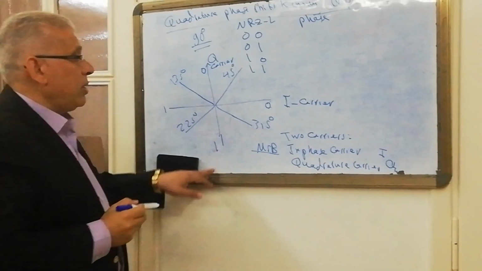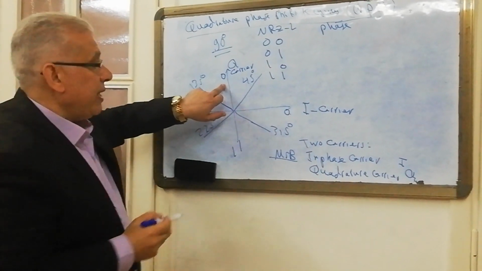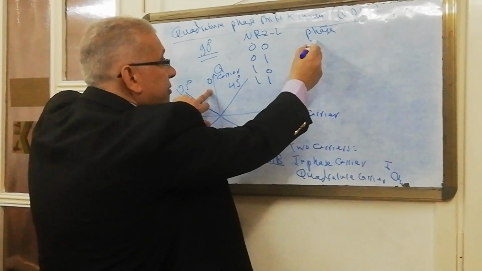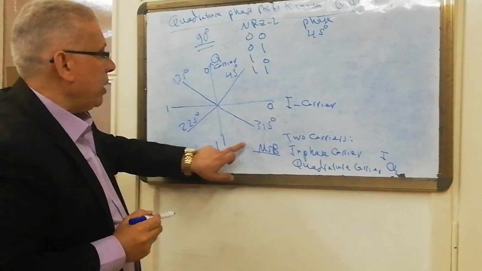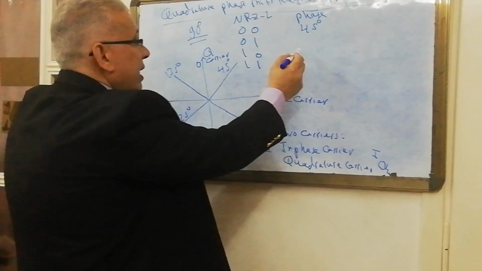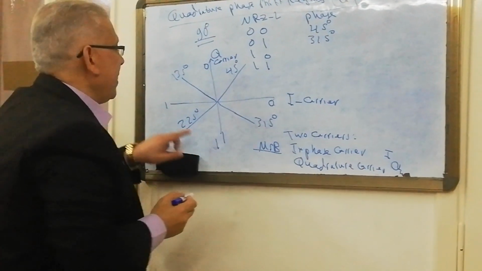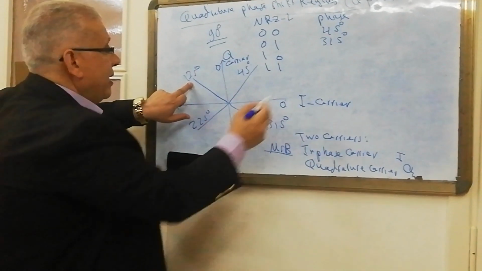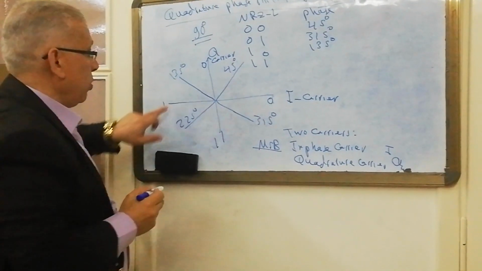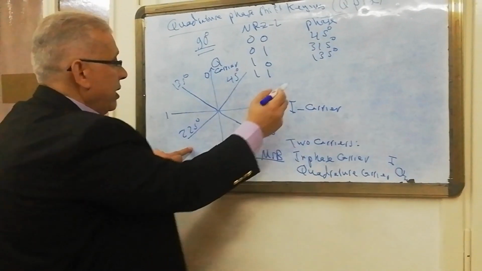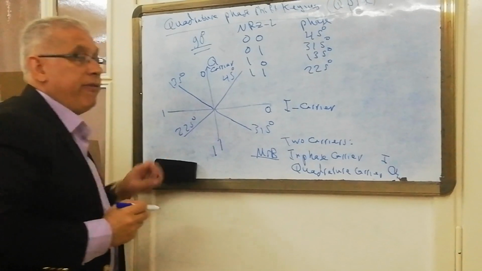If we are talking about 00, that means a 45-degree phase change. For 01, a 315-degree phase change. For 10, a 135-degree phase change, and for 11, a 225-degree phase change.